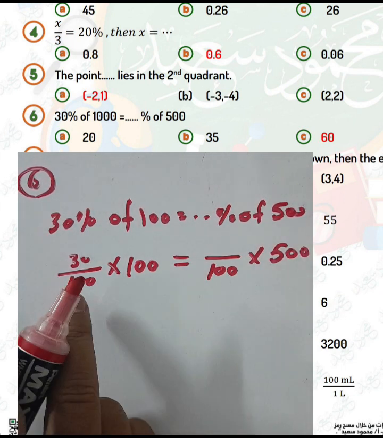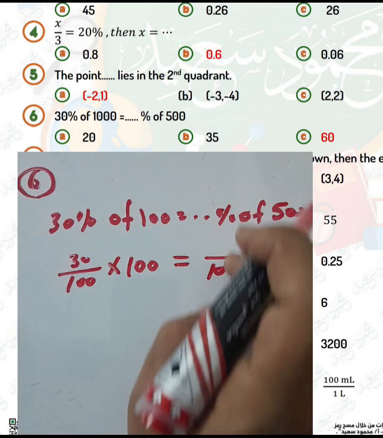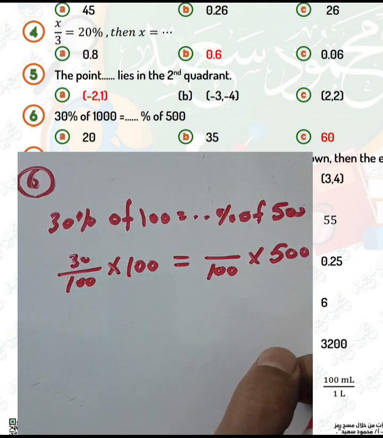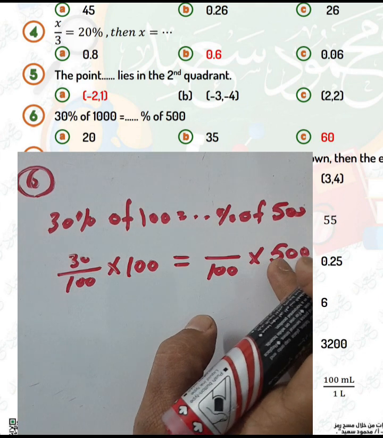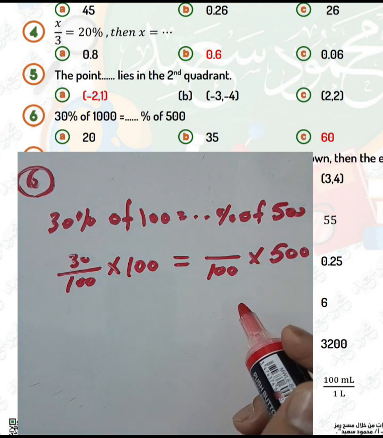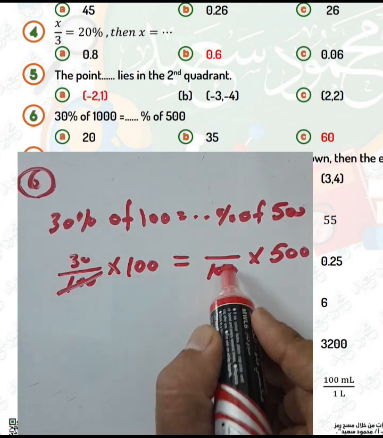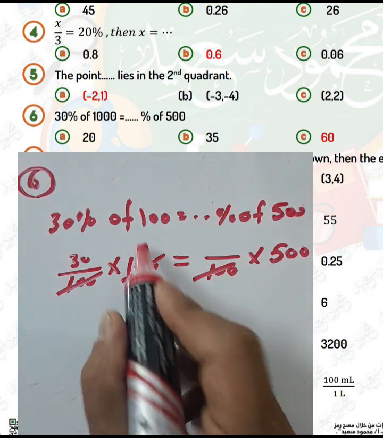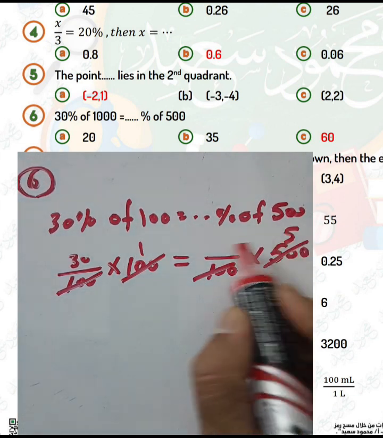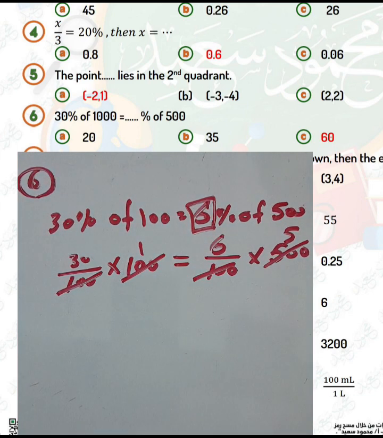So 30% of 100 equals blank over 100 times 500, so 5 times what equals 30 times 6? We can cancel the zeros and divide by 100; 5 times 6 equals 30. Then we must write 60 here. So 30% of 100 equals 60% of 500.